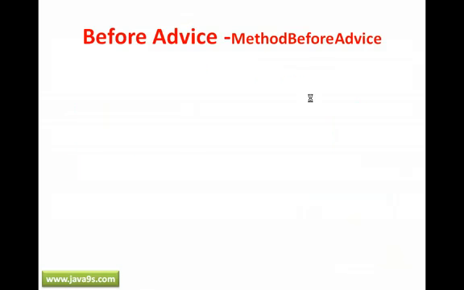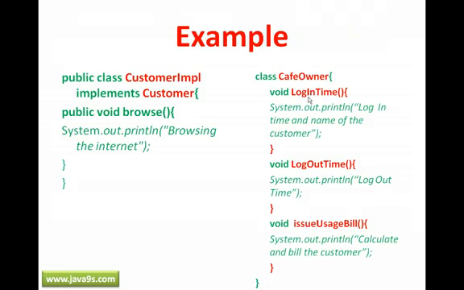Now we will take up the before advice scenario where our target method is going to be browse, and before the browse is going to get executed, we would like to apply the login time method. That means we would like to execute the login time method before the browse method gets executed.